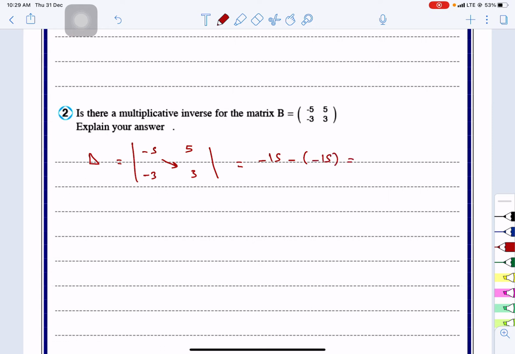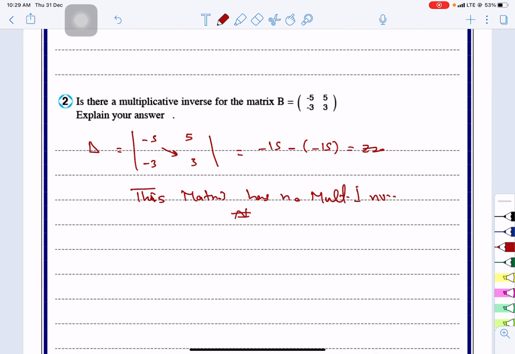The result will be equal to 0. So we can't find an inverse; this matrix has no multiplicative inverse because its determinant equals 0.